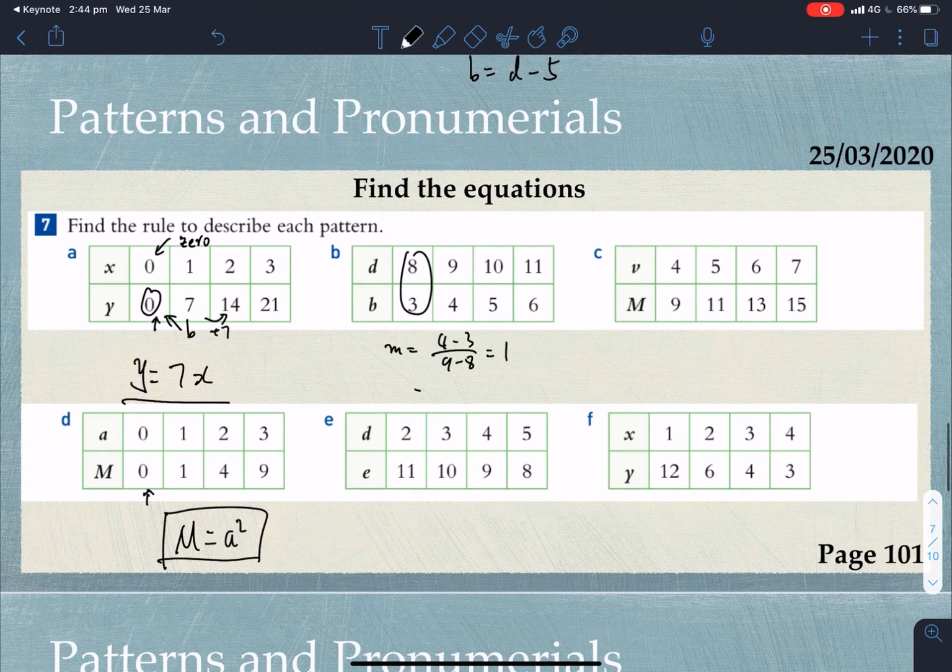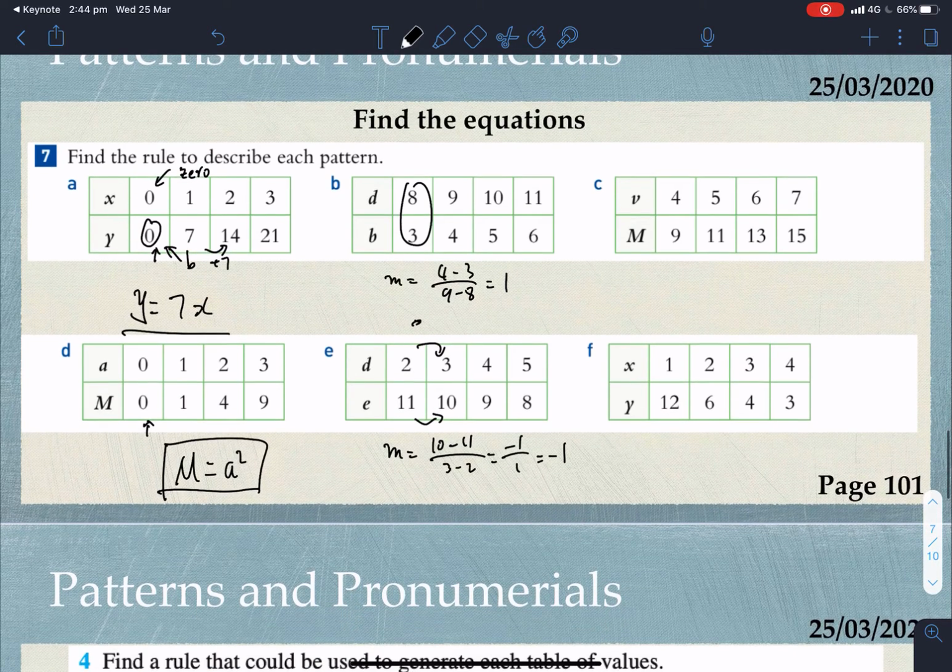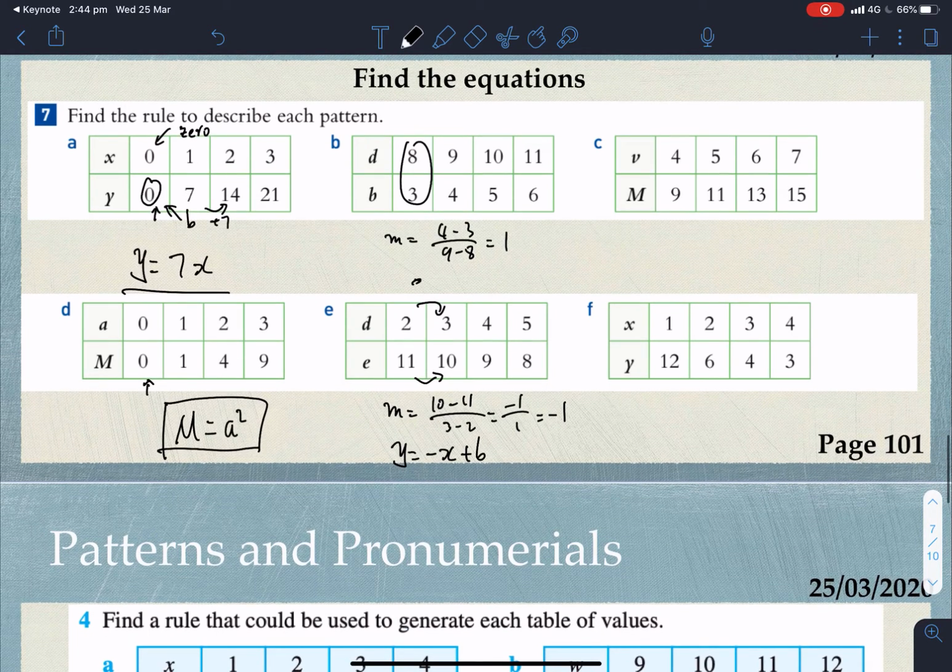Okay, so the bottom bit, let's do this one here. So just go up by 1, so that goes down by 1. So m would be 10 minus 11 over 3 minus 2, which is negative 1 over 1, so it's negative 1. So m is negative 1. So y equals to negative x plus b. We want to know what b is.